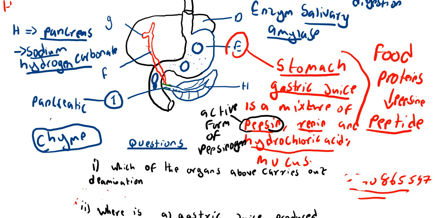Then secondly, you're also supposed to understand that within pancreatic juice we have three components. Number one, sodium hydrogen carbonate. Number two, we have what is known as pancreatic trypsin. What does pancreatic trypsin do? We'll talk about it.